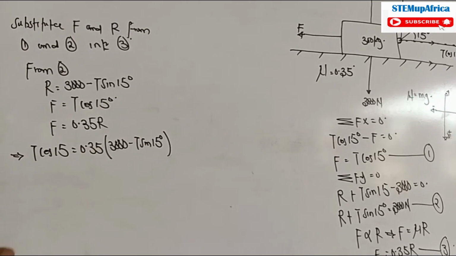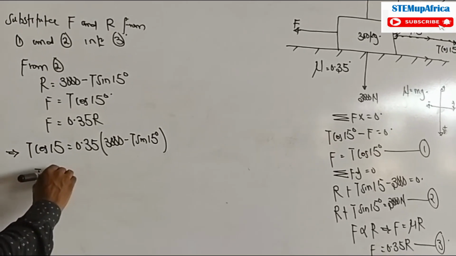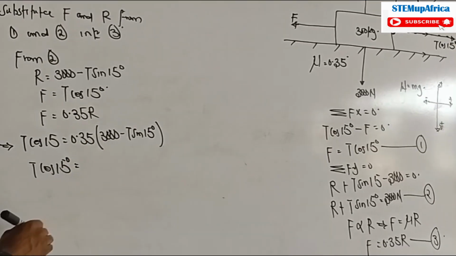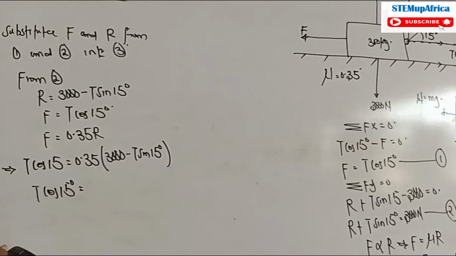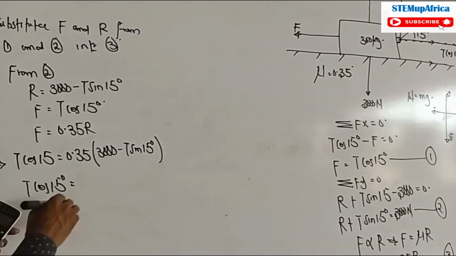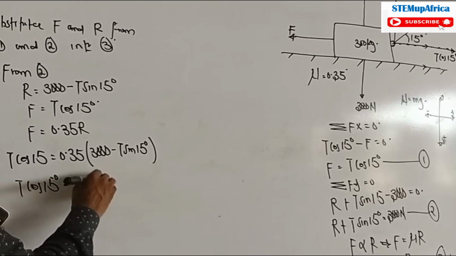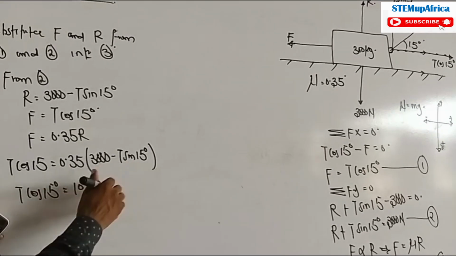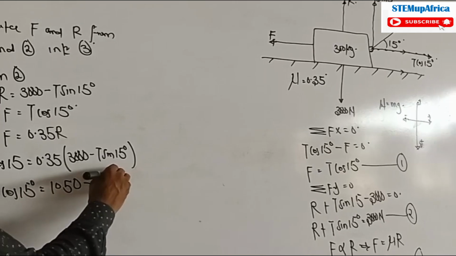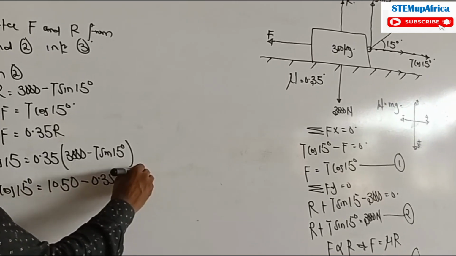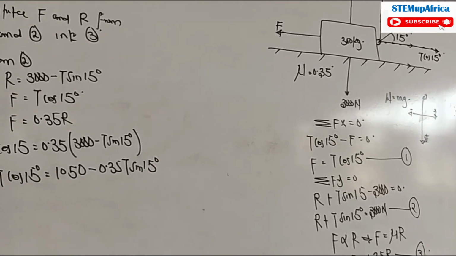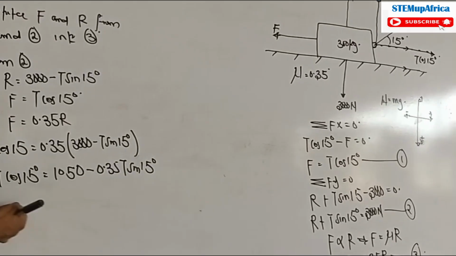So let's open the bracket. We're going to have T cos 15 degrees equals 3000 times 0.35, that will give us 1050, and 0.35 times this, I'm going to have 0.35 T sine 15 degrees. So we collect like terms by bringing it to this other side.